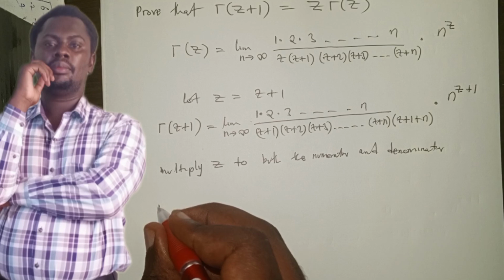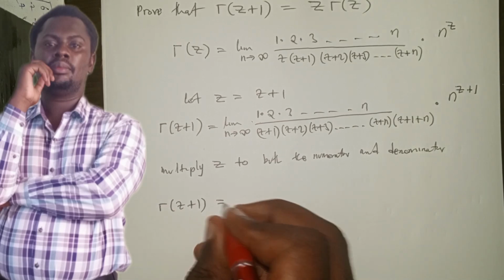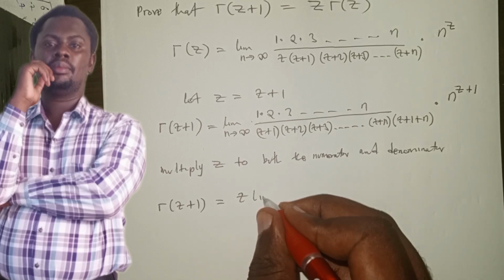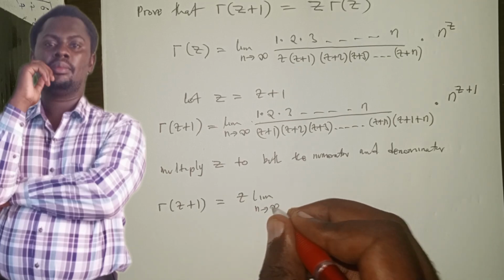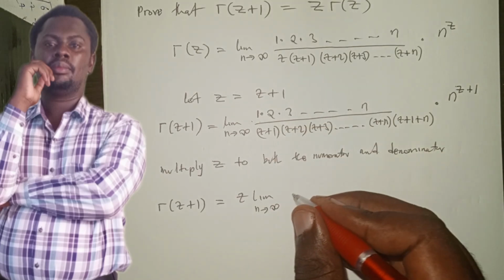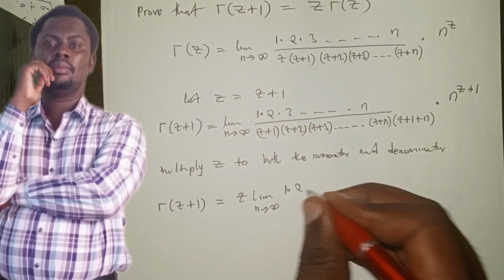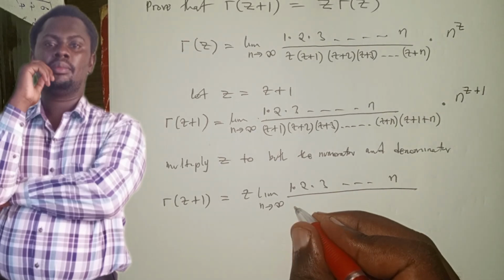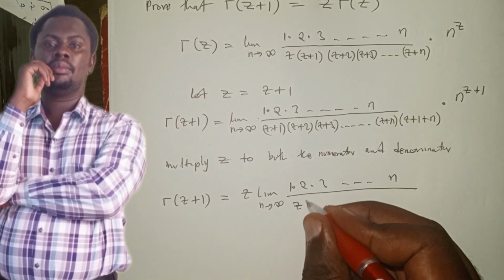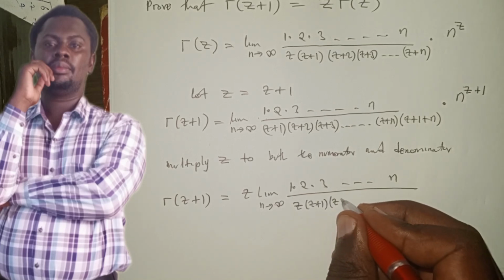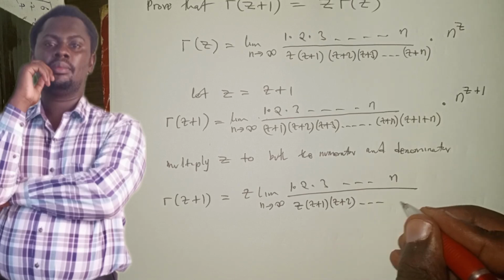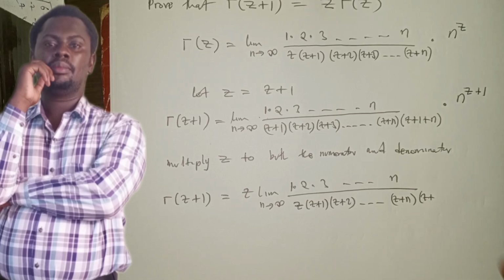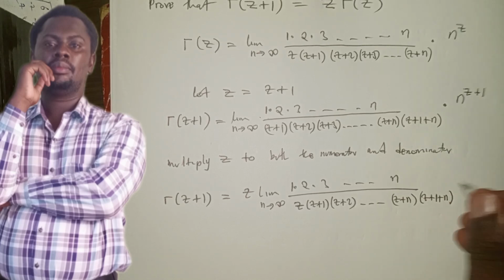So we have gamma of z plus 1 is equal to z in the numerator, that is the limit as n approaches infinity of the product of 1, 2, 3 all the way up to n, over z in the denominator, then z plus 1, z plus 2, all the way up to z plus n and z plus 1 plus n.